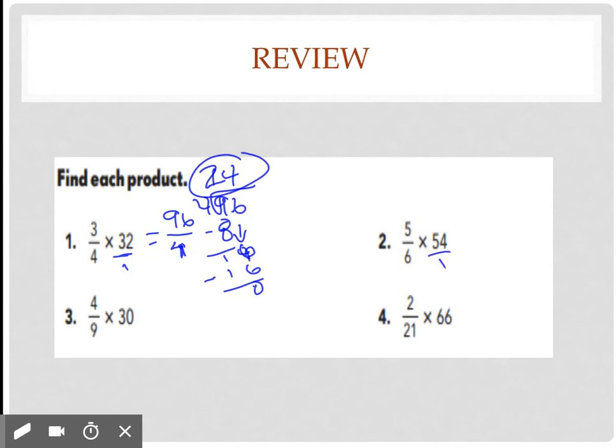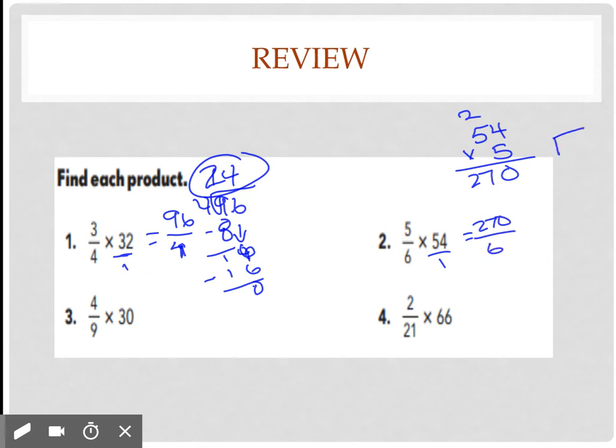Okay, so let's do number 2. Again, I'm putting my second fraction over 1. So 54 times 5. I want to check my math. I think I know it in my head, but 5 times 4 is 20. 5 times 5 is 25 plus 2, so 270. So that equals 270 over 6.